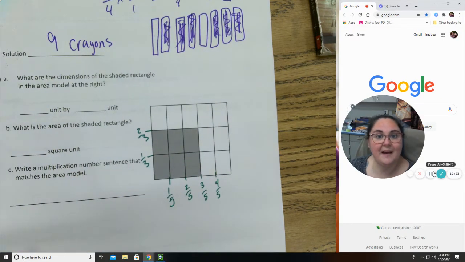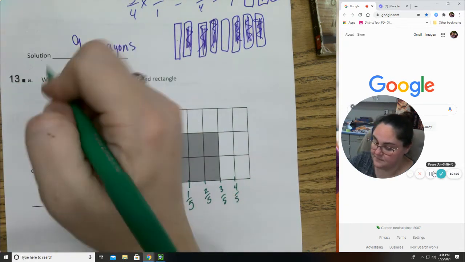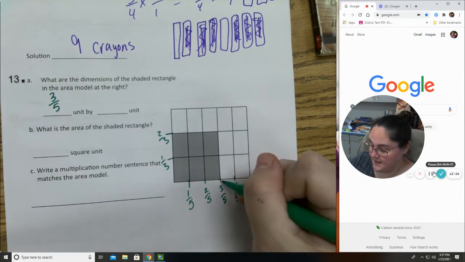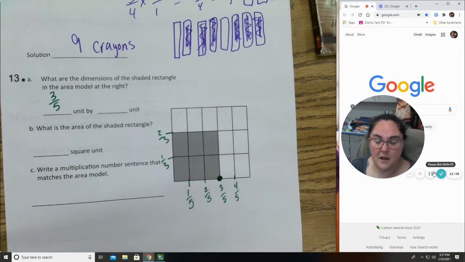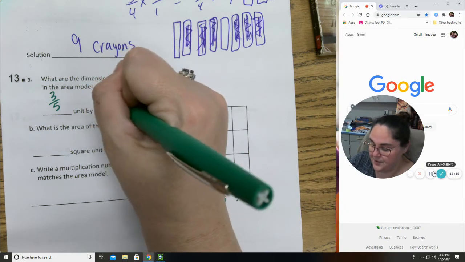Now I'm going to use my idea of coordinates to help me out with this. How far did I go over? 3/5. Do you see that's where my gray rectangle stops? How far did I go up? 2/3.